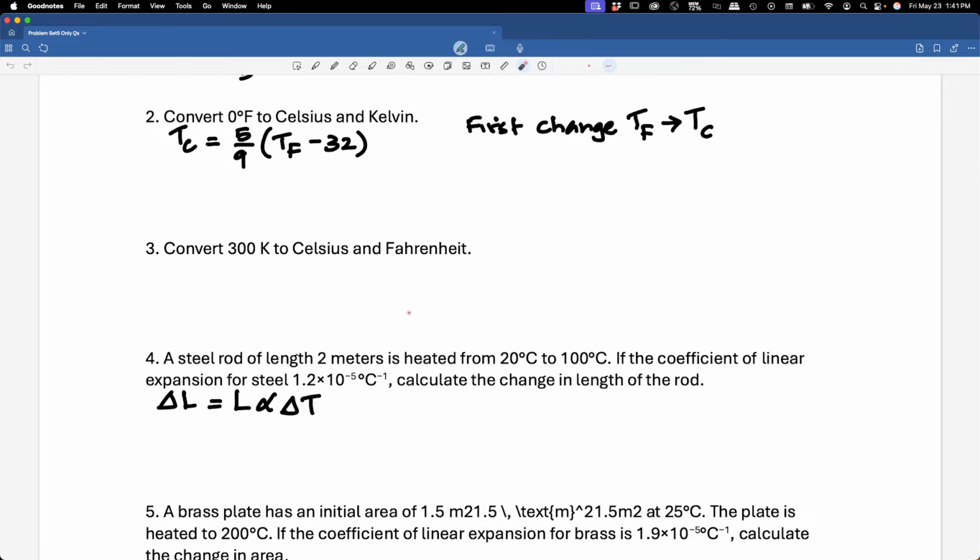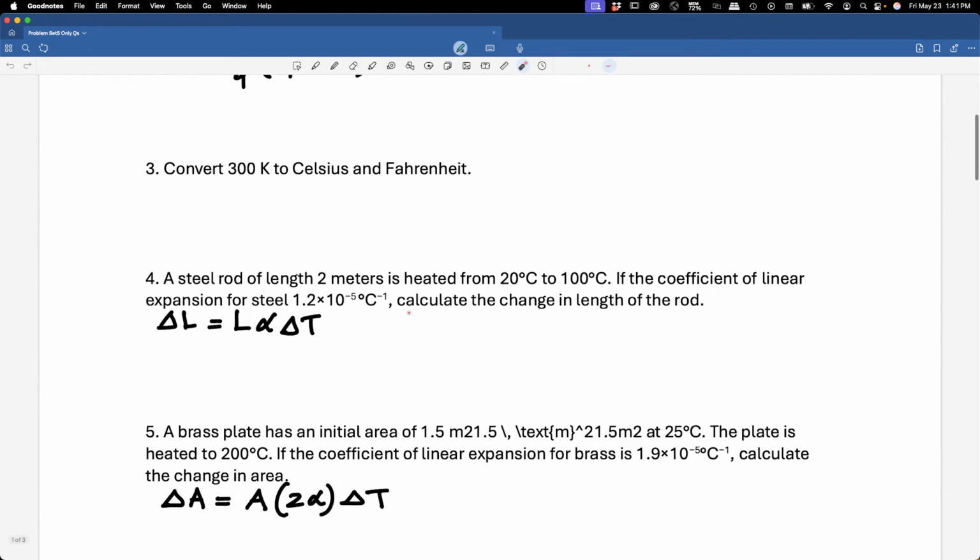But question 4 talks about expansion of a steel rod. The original length is given, which is L, and the change in temperature is 80. So that's delta T. 100 minus 20, that's 80. So you have these two.